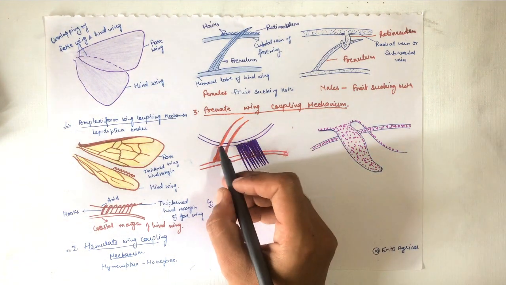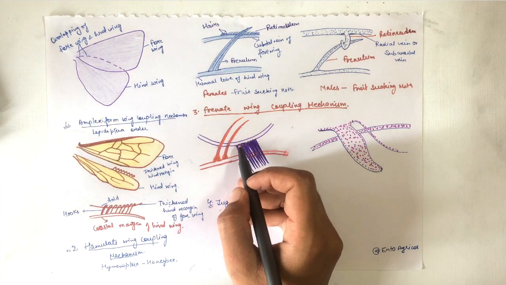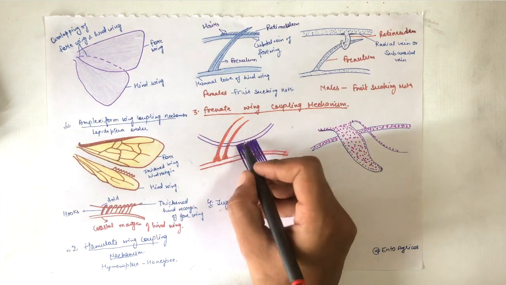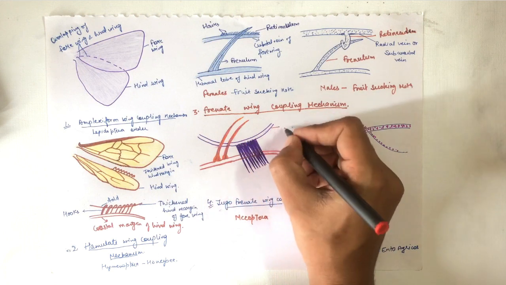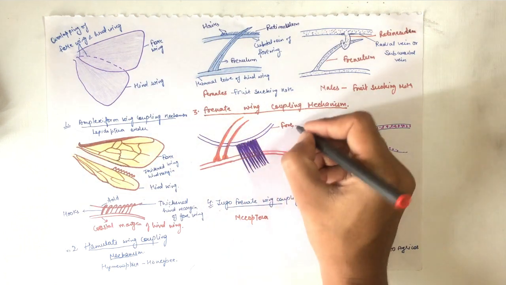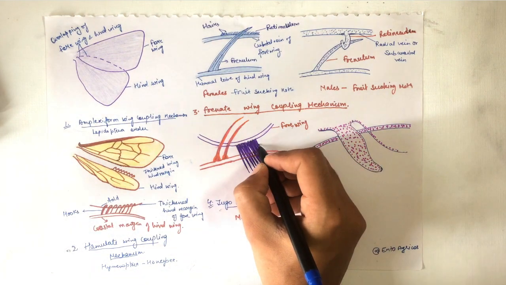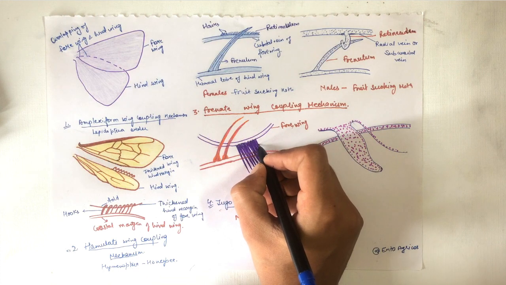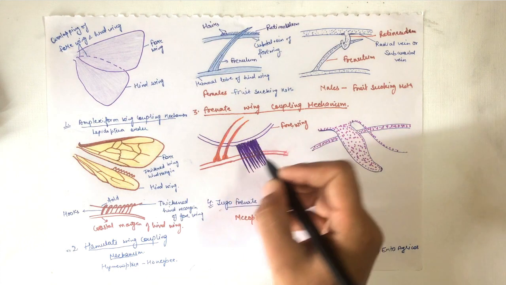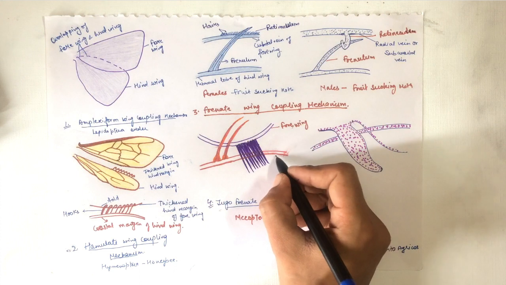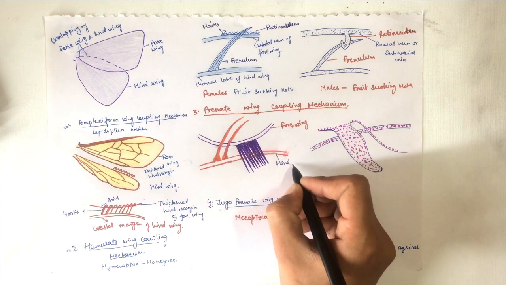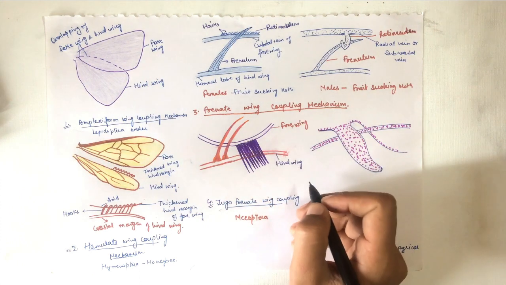this posterior basal region of the forewing, so this is the forewing, and its posterior, this is the posterior part, and this is the posterior region of the forewing and the anterior region of the hind wing. This is the hind wing.